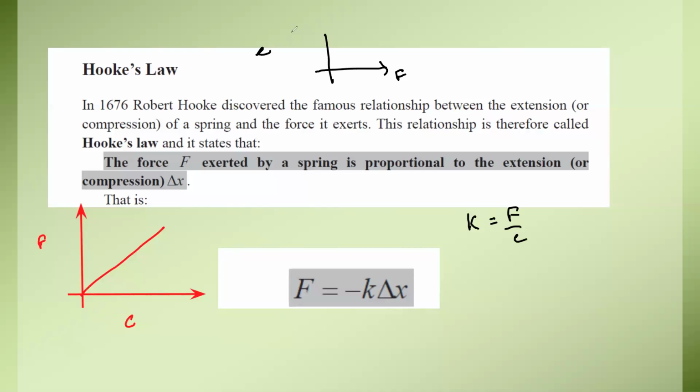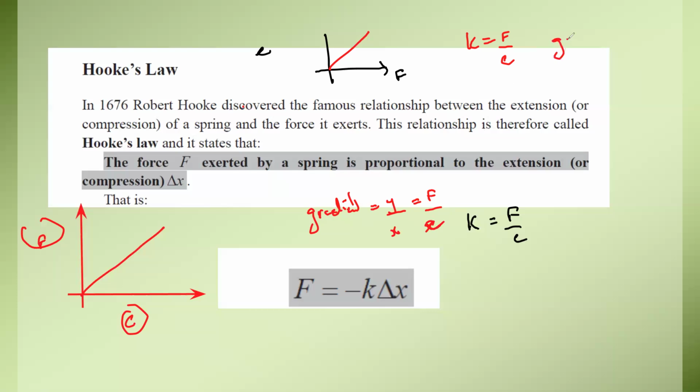For those graphs, if you need the spring constant, you have to use the formula K equals F divided by E. But for the graph with force on the y-axis and extension on the x-axis, you can work out the gradient of the graph, because the gradient is the quantity on the y-axis divided by the quantity on the x-axis. So on the y-axis I have force, on the x-axis I have extension. This will give us the spring constant.